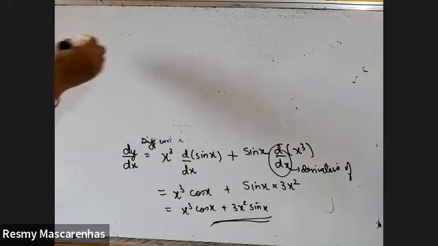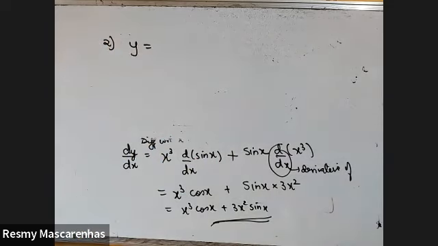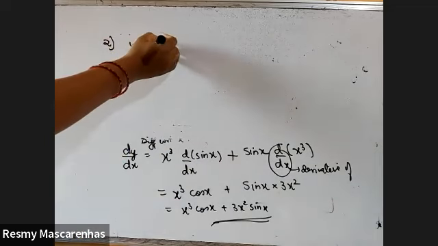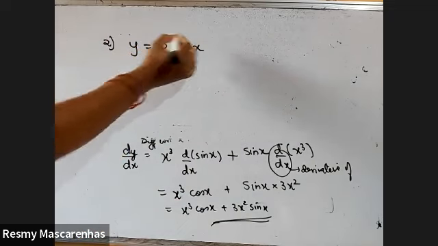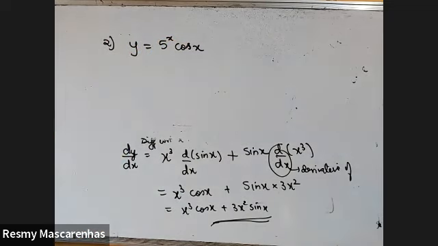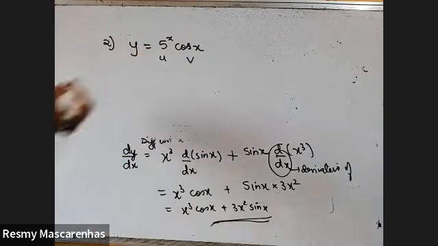Next one. Now again there are two terms. This is u, and this is v, because there's a multiplication sign.